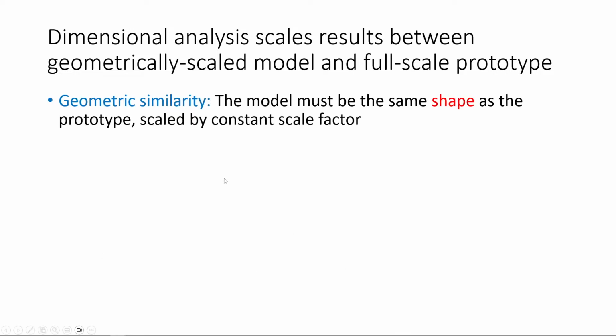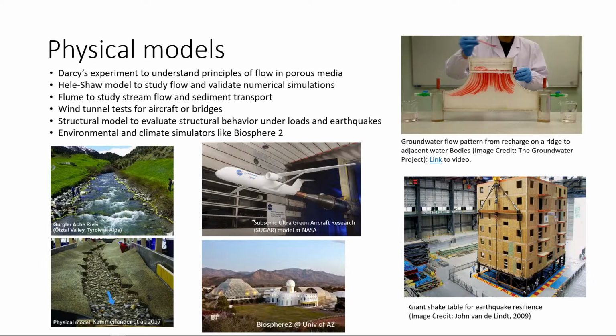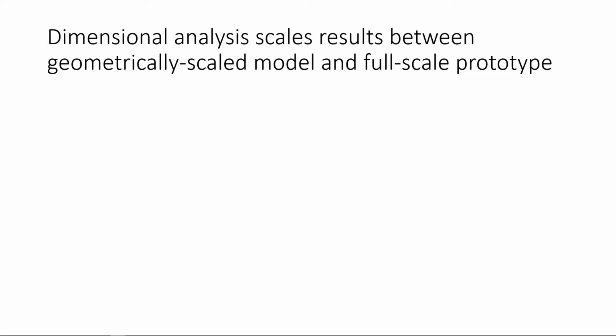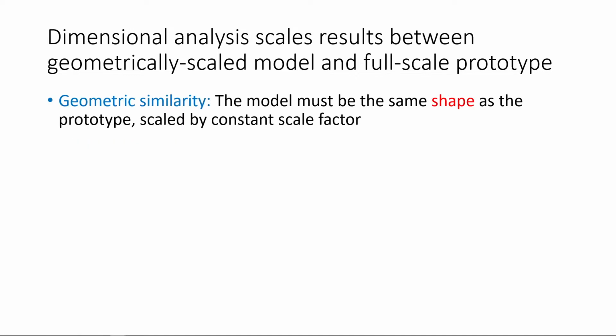To do this scaling between your physical model and your prototype, these two things need to be similar. They don't need to be exact, like you see in this image. These two are not exact, but they are similar. By similar, we basically mean three types of similarity.